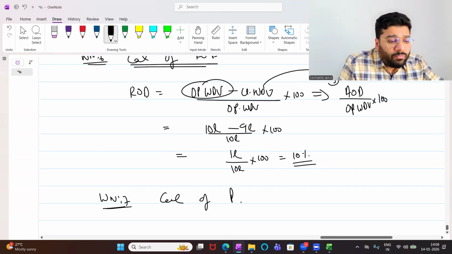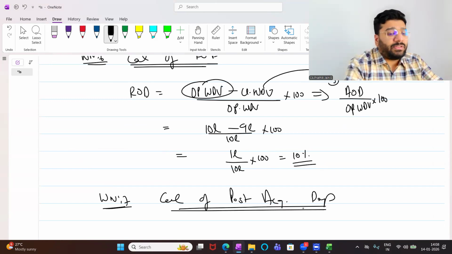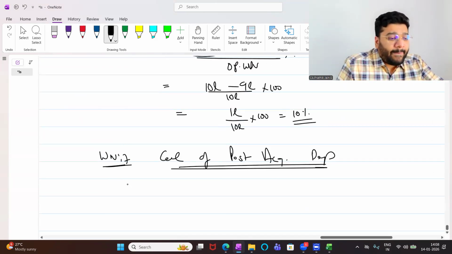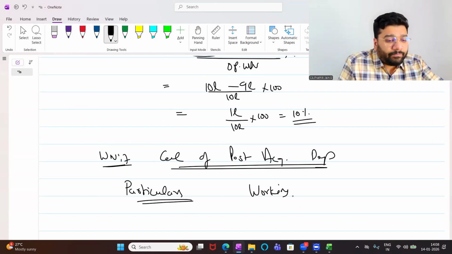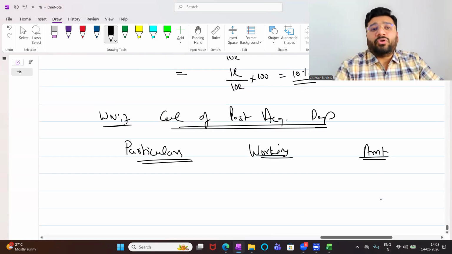Calculation of post-acquisition depreciation. So, once again, let me finish this. Particulars, working amount. I want to know what is the total depreciation on the revalued asset.